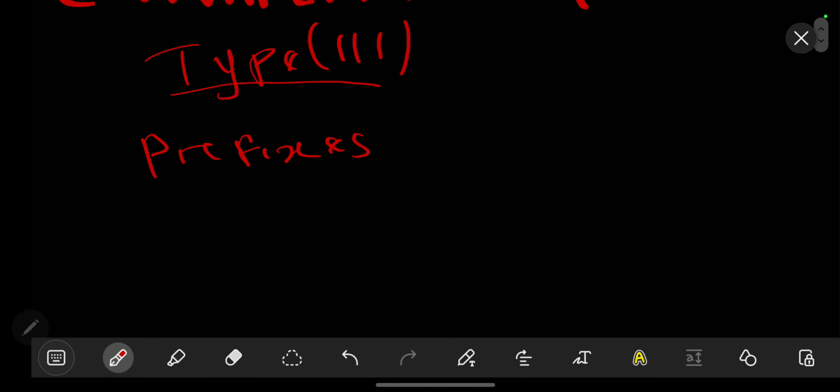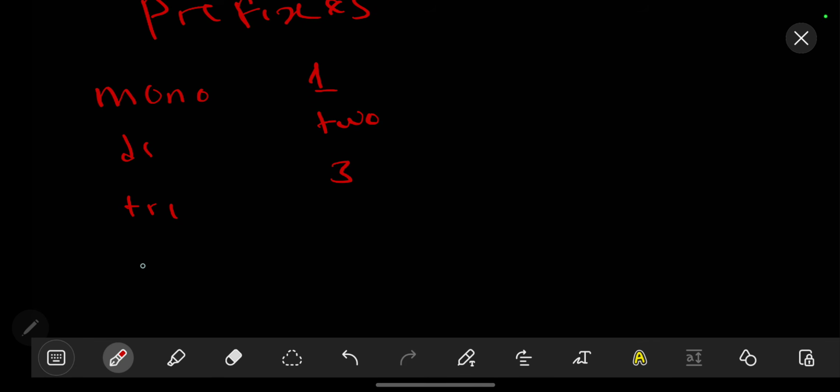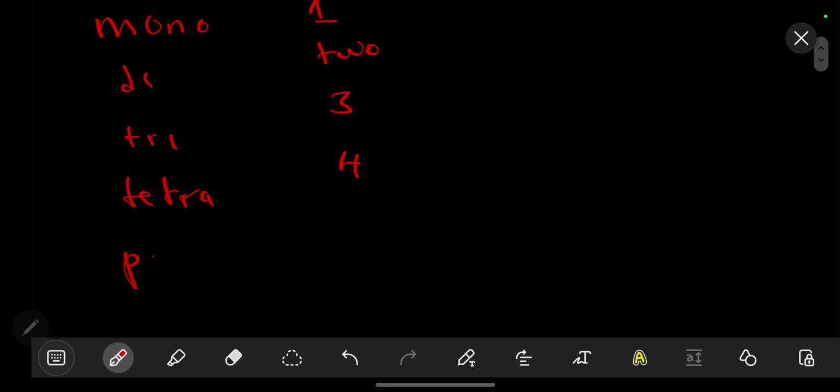So for example, when we say mono, we mean to say 1. When we say di, we mean to say 2. When we say tri, that means 3. When we say tetra, that means 4. When we say penta, that means 5.